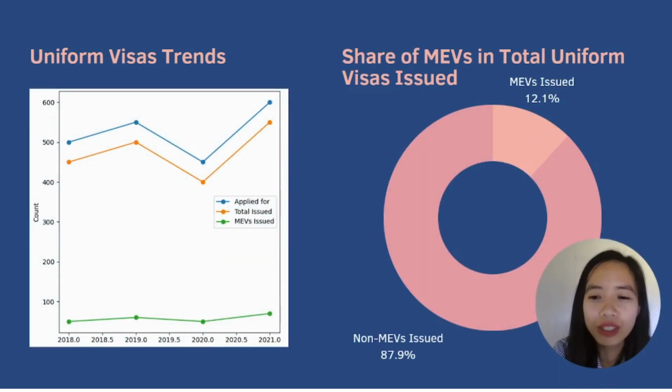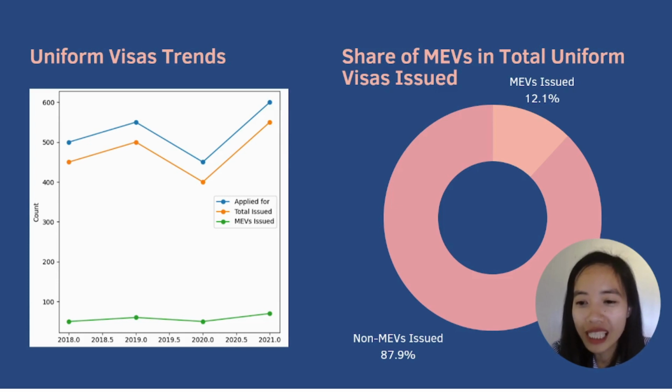So next we have the visualization for Schengen visa, also called uniform visa. In this line graph, we can notice that from 100%, almost 90% of Schengen visa applications are approved or issued to the traveler.